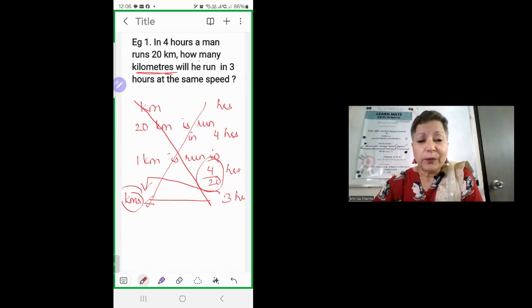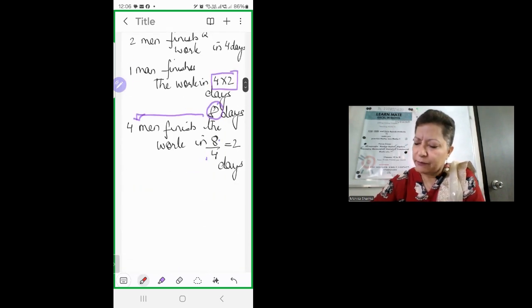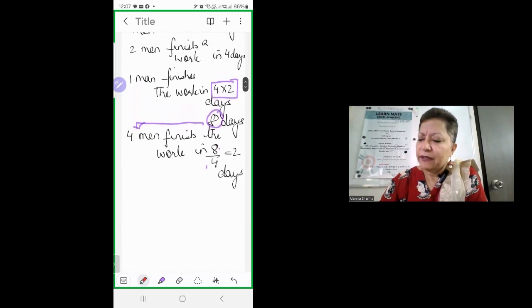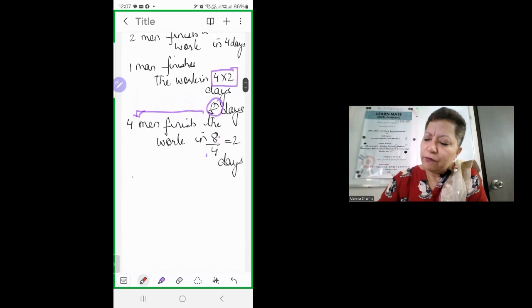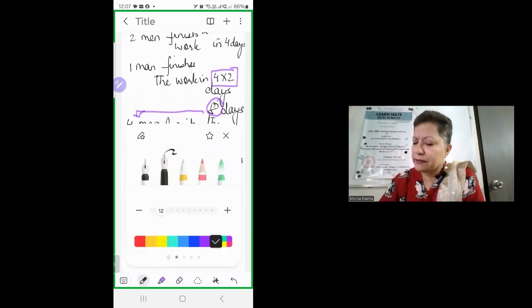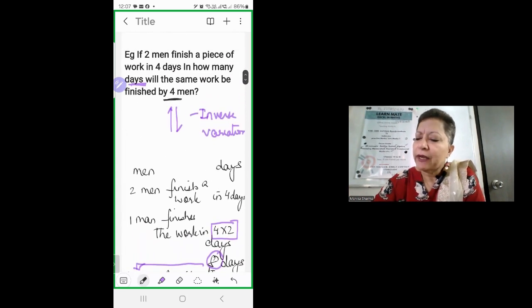Is that okay? And once you are done doing the sum, it is a must that you write the answer statement. The answer statement always has to be the answer to the question that has been found out. What was the question that was written to you? In how many days will the same work be finished by 4 men?